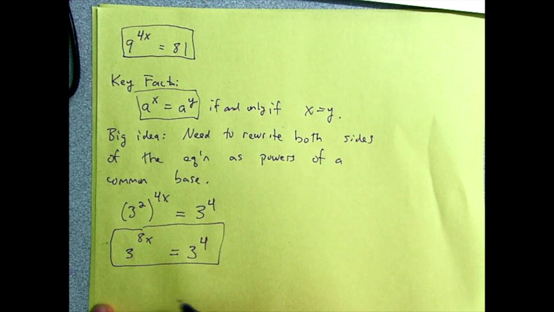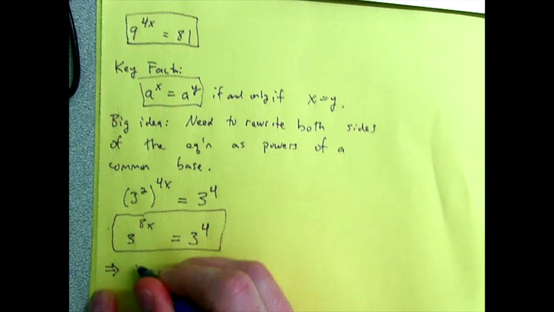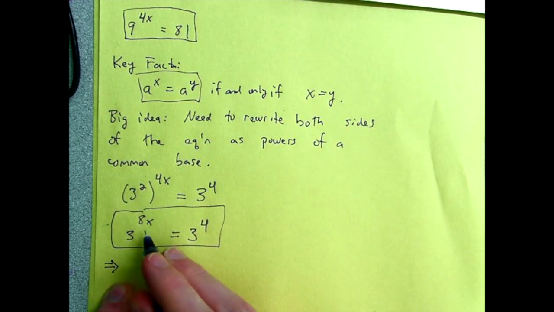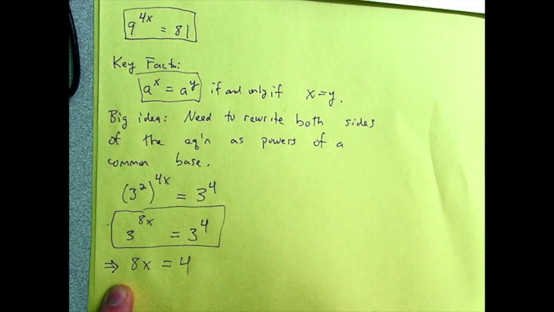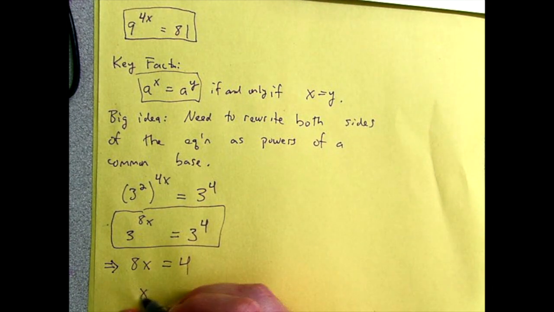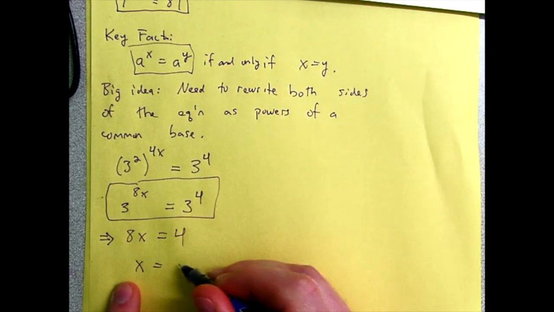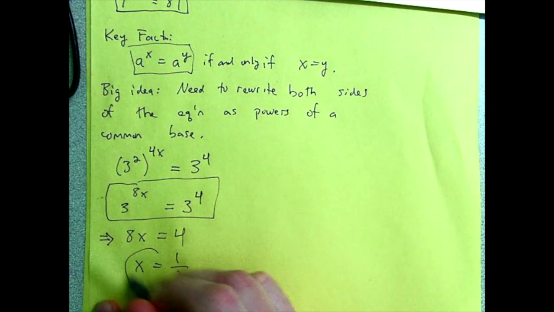So I am now allowed to equate the two exponents. So I can actually write, this implies that 8x has to be equal to 4. Which of course is no longer an exponential equation, it's just a regular linear equation, and I can solve it by dividing by 8. So I get x is equal to 4 over 8, which is 1/2, and that's the solution.